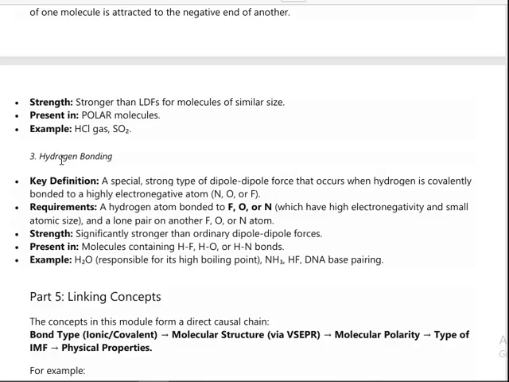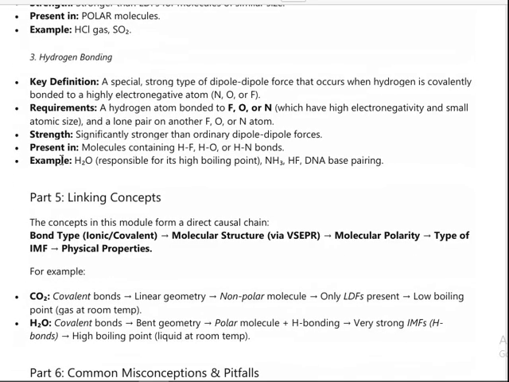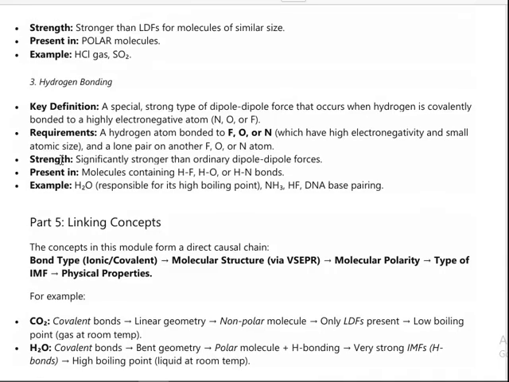These are highly electronegative elements. Examples are water, ammonia, hydrogen fluoride and DNA base pairing. These are molecules where you can find hydrogen bonding.